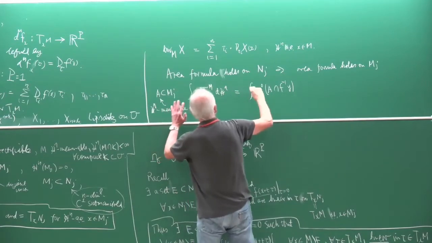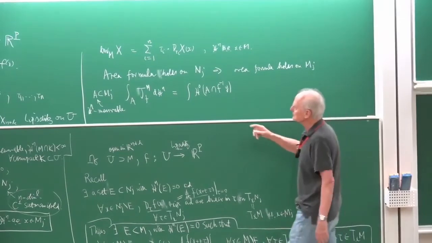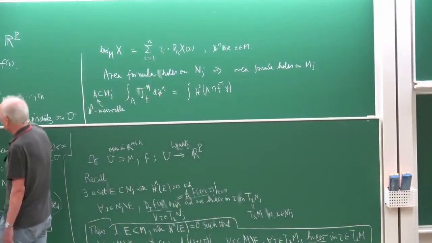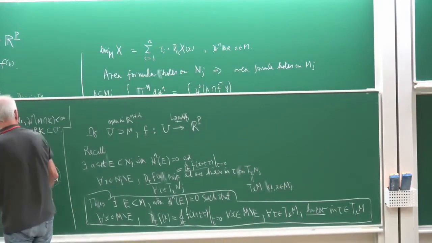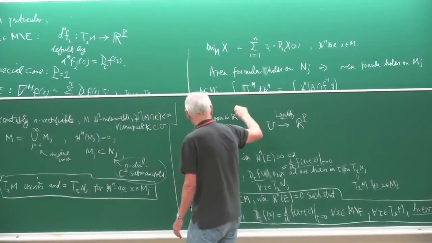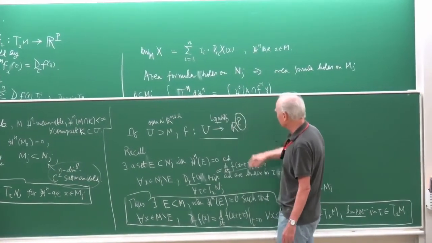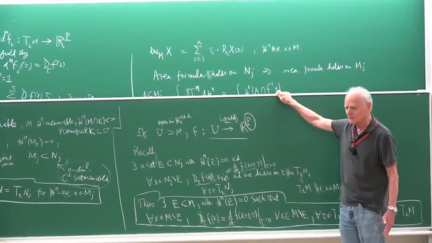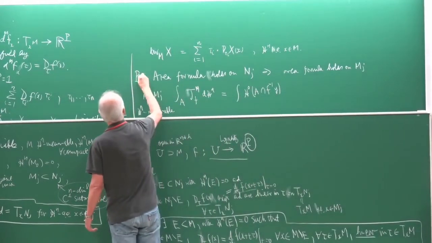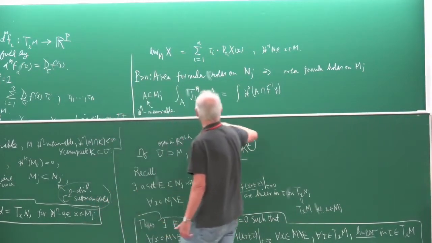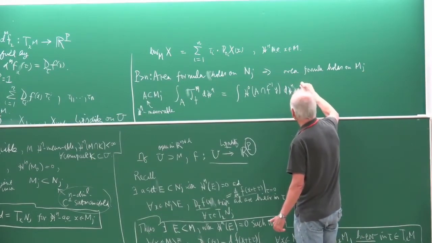Of course, we've got to recall what the conditions are. This is for the case when p is bigger than n. Remember, that's when you can use the area formula. So if p is bigger than n, the area formula holds.